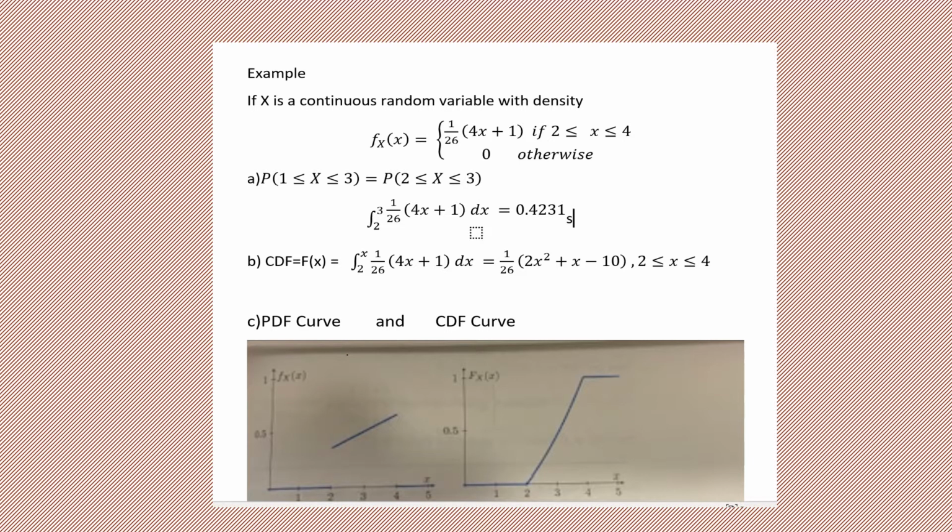This line here between 2 and 4 is this 1 over 26 times 2x squared plus x minus 10. Above 4, it is 1 because it is cumulative, and less than 2, it must be 0. So your F of x is going to be 0 when x is less than 2, whereas 1 when x is greater than 4.